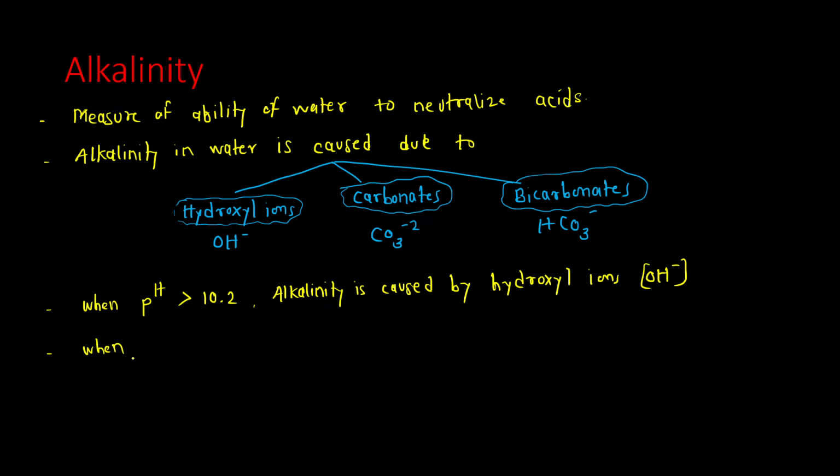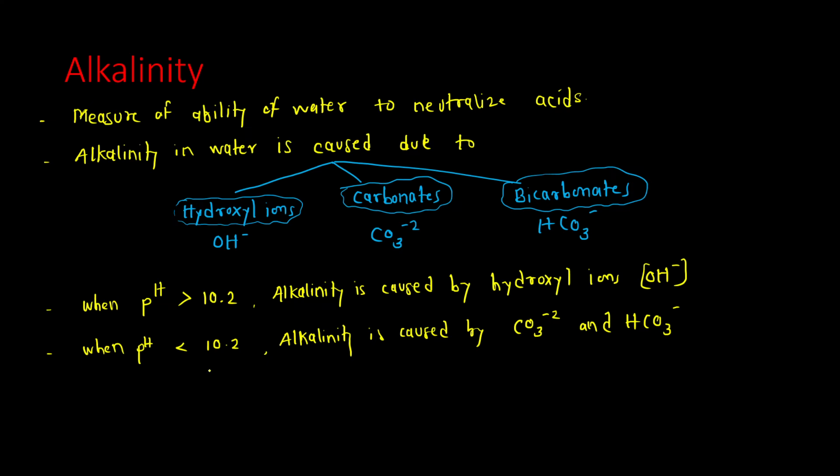And when pH will be less than 10.2, alkalinity is caused by both carbonates and bicarbonates, that is CO3 minus 2 and HCO3 minus.